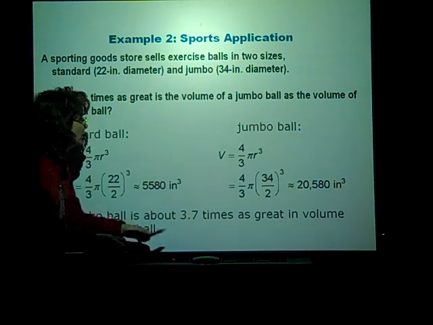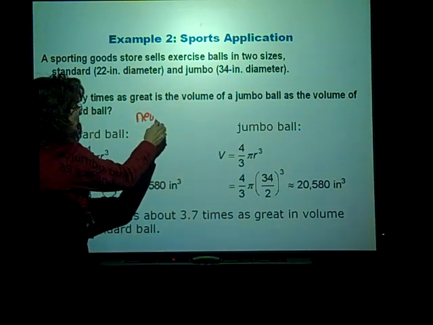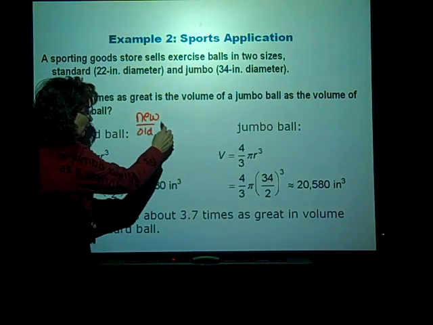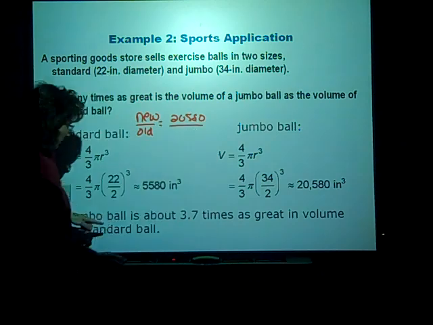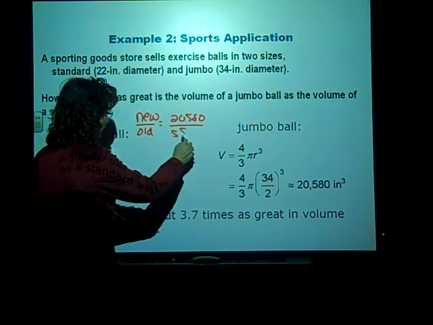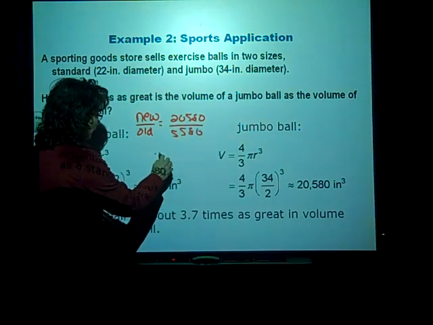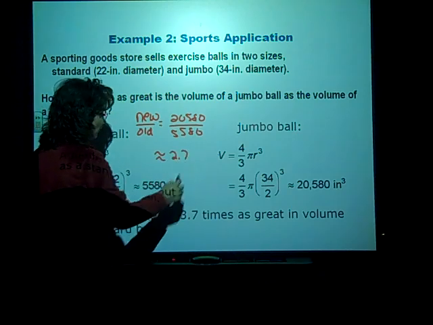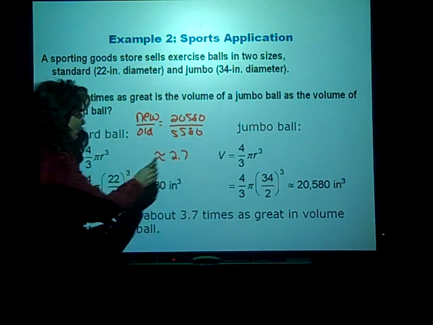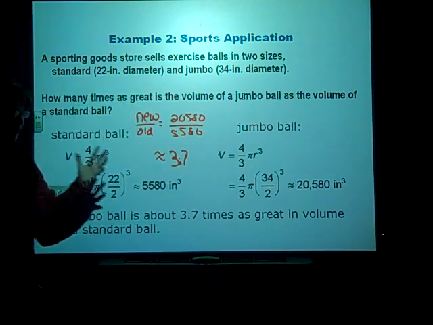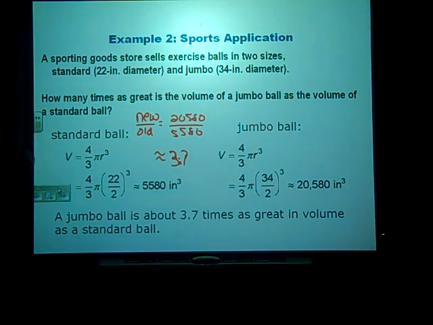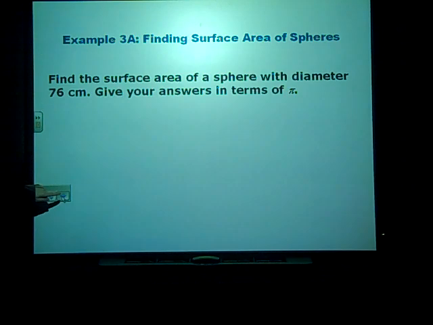So you're thinking new divided by old equals 20,580 divided by 5,580, and you're going to get about 3.7. So that's how much bigger that jumbo ball is. Good value if you want a jumbo ball.